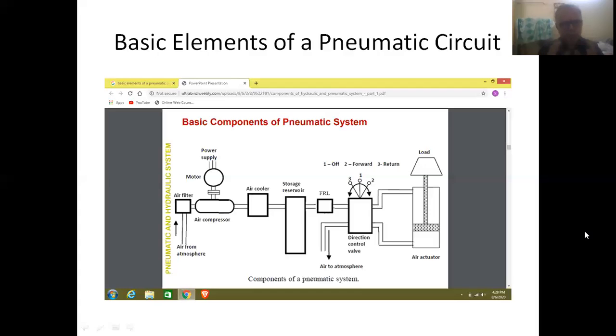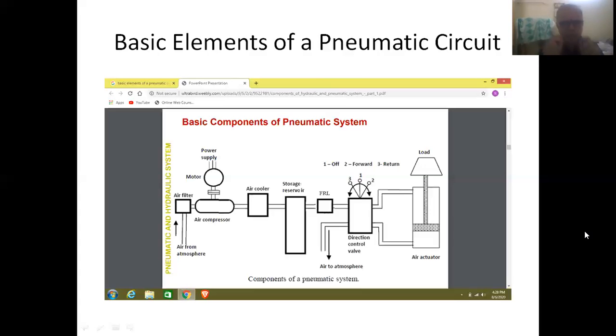If the pressure of the fluid is within the limits, it will send fluid into the cylinder. And if the pressure exceeds normal limits, the excess pressure is let off into the atmosphere.